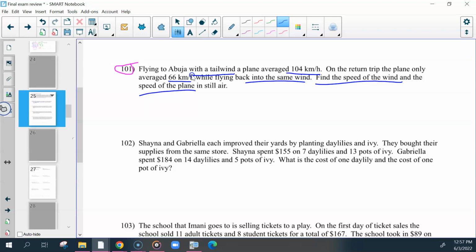So the first thing you should do after that is define your variables. Doesn't matter what they are, x and y, w and p, whatever they are. Tell me what these represent, what we don't know. So this would be the speed of the wind and the speed of the plane.